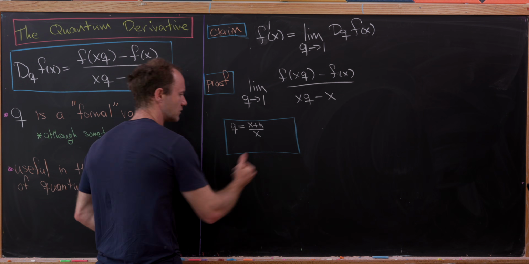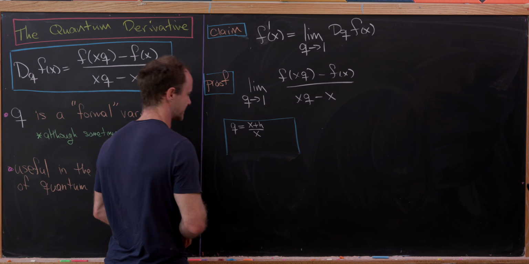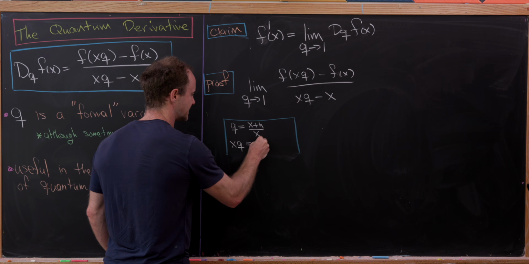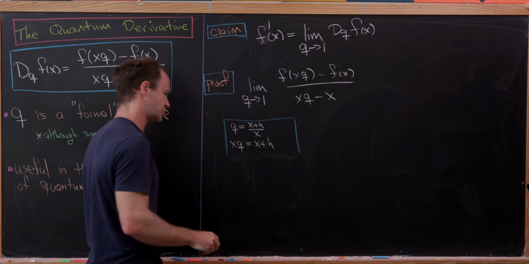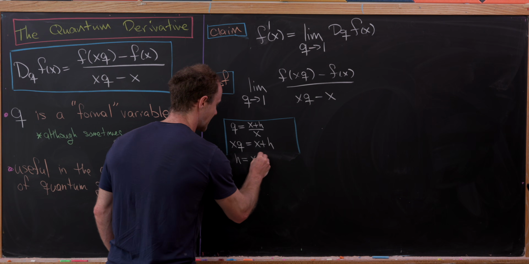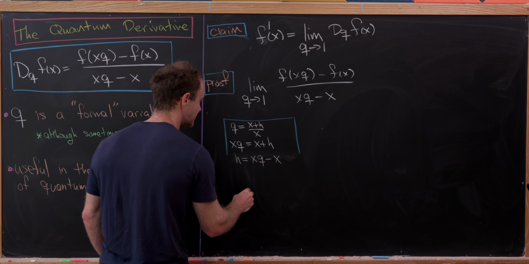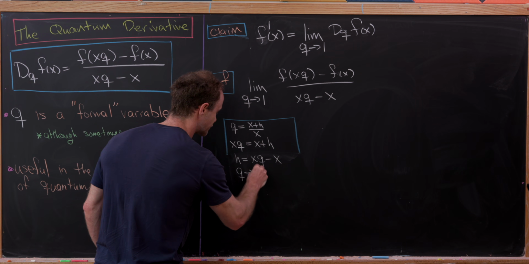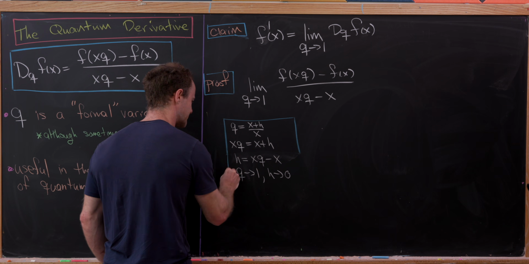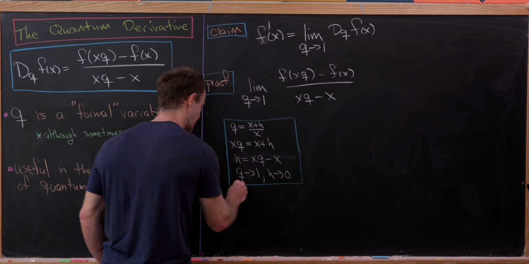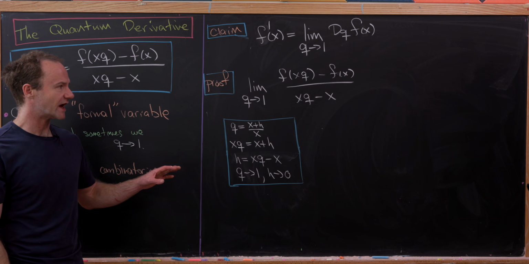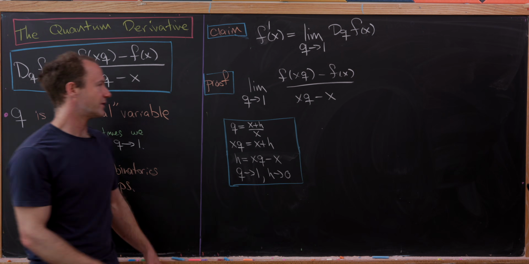Okay, but now let's notice what that does for us. First of all, that tells us that x times q is equal to x plus h. And then solving for h, we see that h is equal to x times q minus x. So as q goes to 1, we see that h goes to 0. So that tells us how we need to change the limiting portion of our limit. Okay, so let's see what we get out of this.